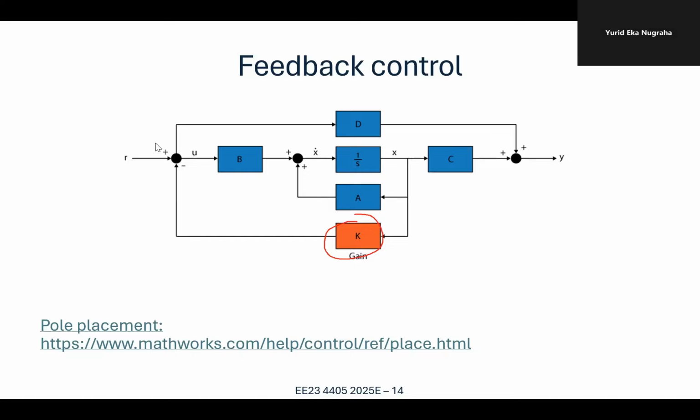For this state space based control, we do not use proportional gain, integral gain, or others. We use the feedback gain here that uses the state as the input. And then the output here would be compared with the reference to produce the error signal.